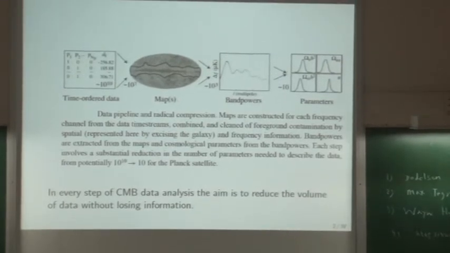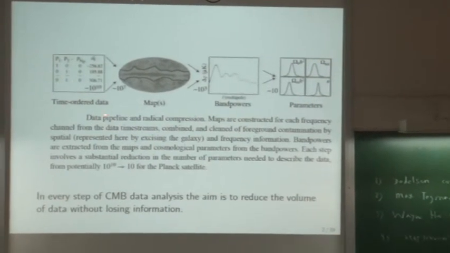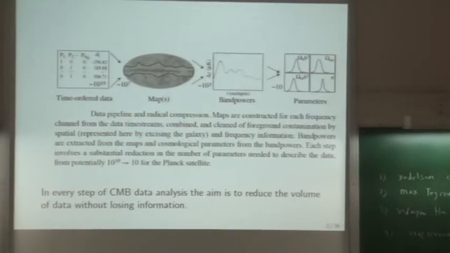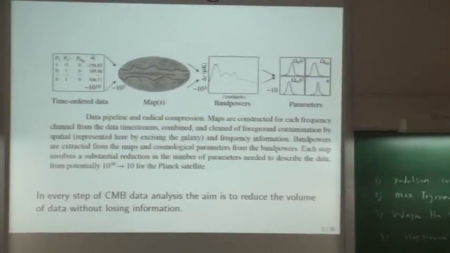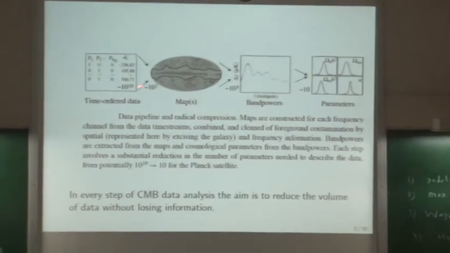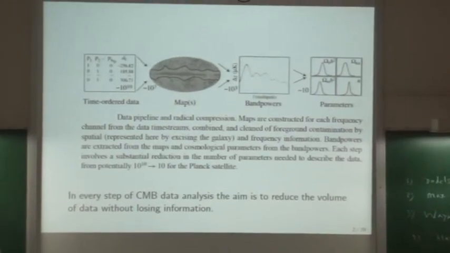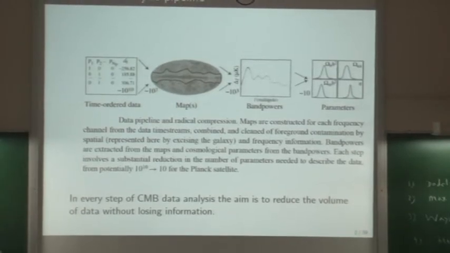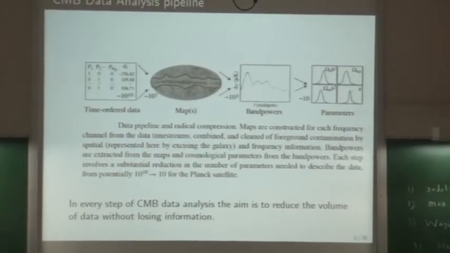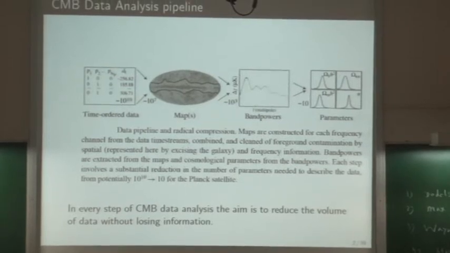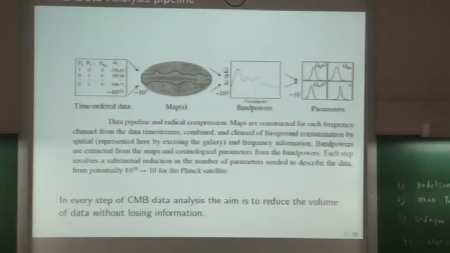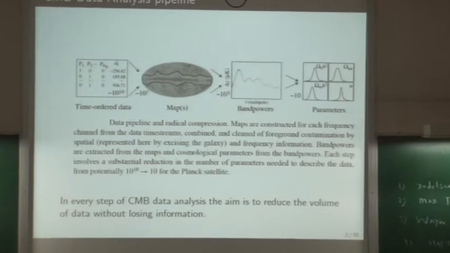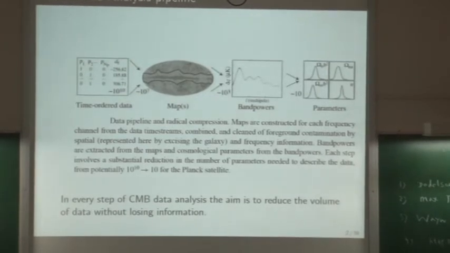So what is happening is that at every stage there is a reduction in the data volume by a huge factor and no information is lost. That is a claim, if your data analysis technique is efficient, and that's not true for all data analysis techniques. If you take a very poor technique, it may not preserve the information.